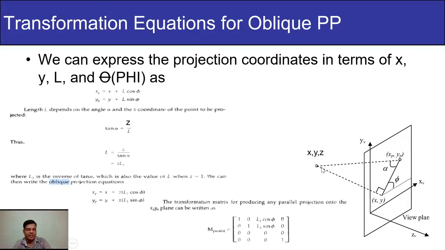But here we are discussing oblique parallel projections. So what is happening here? We have a line which is connecting the orthographic projection and the oblique projection, and capital L is the length of the line. The oblique parallel projection line is making an angle of alpha with the line which is joining the orthographic parallel projection and the oblique parallel projection.